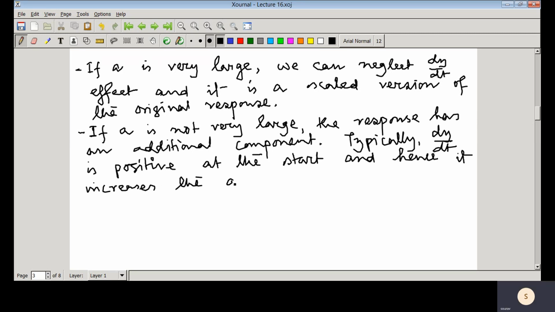So that is important. Whenever you add a 0 to that transfer function, as dy by dt is typically positive at the time of start, it increases the overshoot.